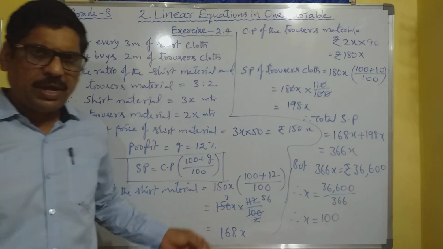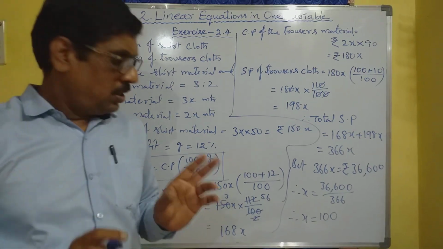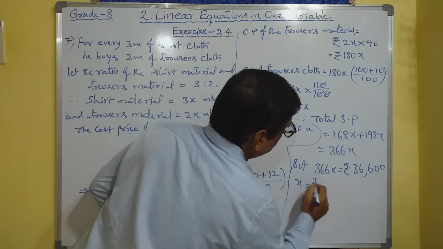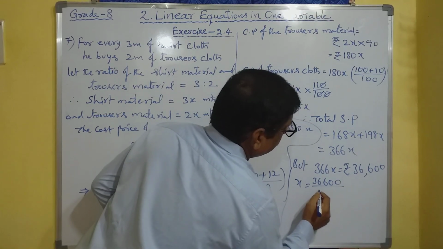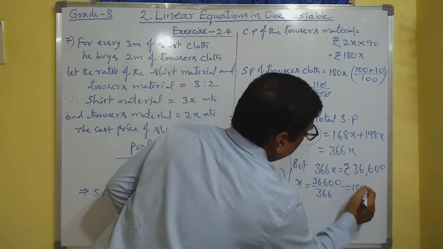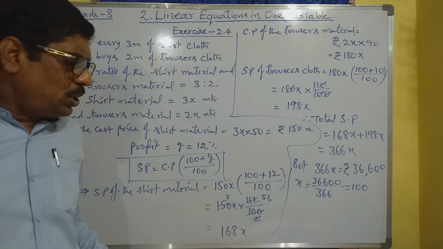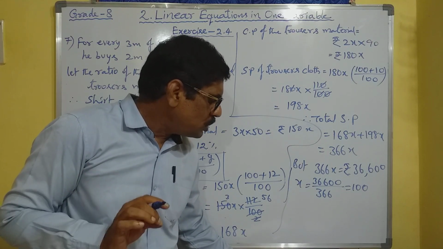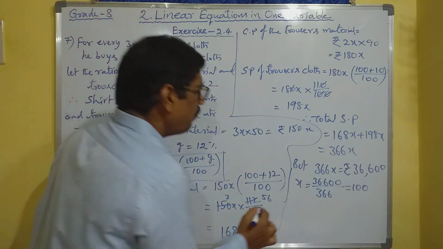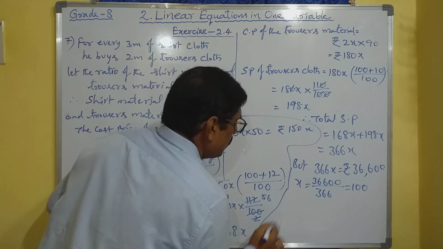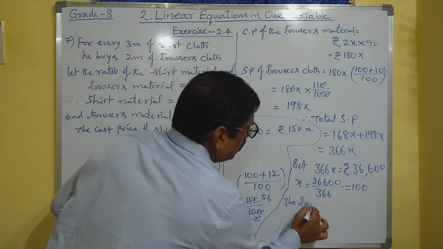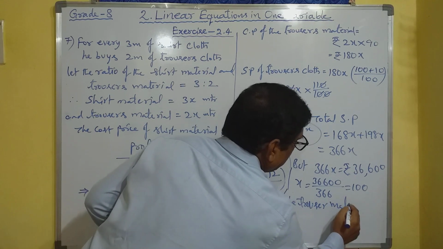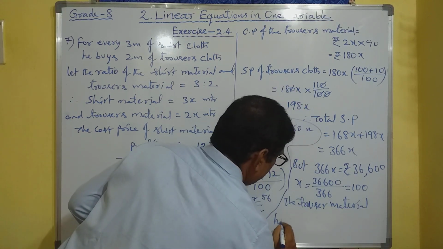Okay, still we have the problem. So we need to find, actually here it is enough. See, x is equal to 36,600 by 366, which is equal to 100. We got the x value. Actually, what we need to find? We need to find how much trouser material he bought.